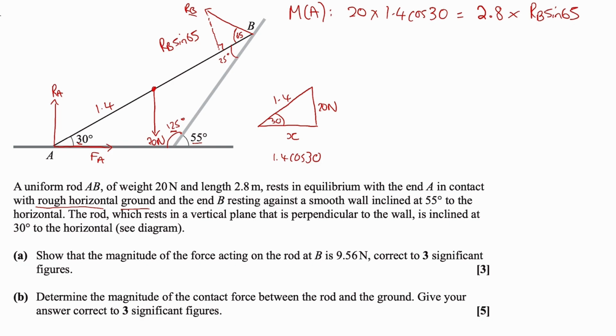Just a quick note, you could have done it by considering this component here, and you would have got basically the same thing, but with cos 25 instead. So let's rearrange to get RB on its own. The left-hand side stays the same, so RB equals 20 times 1.4 cos 30, divided by 2.8 sine 65.